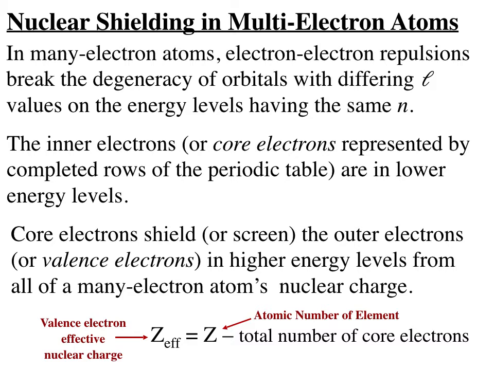So I will take the atomic number of the element, figure out how many electrons are in completed rows, subtract that from the atomic number, and that'll give me the effective charge. And what we're saying is that the core electrons are blocking most of the nuclear charge. The outermost electrons only get the leftover charge that isn't being taken up by the core electrons, and that will be represented by this value that I'm calling Z effective.